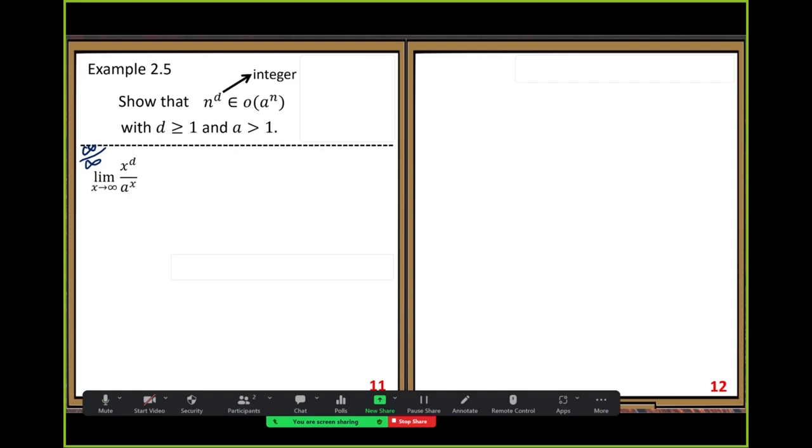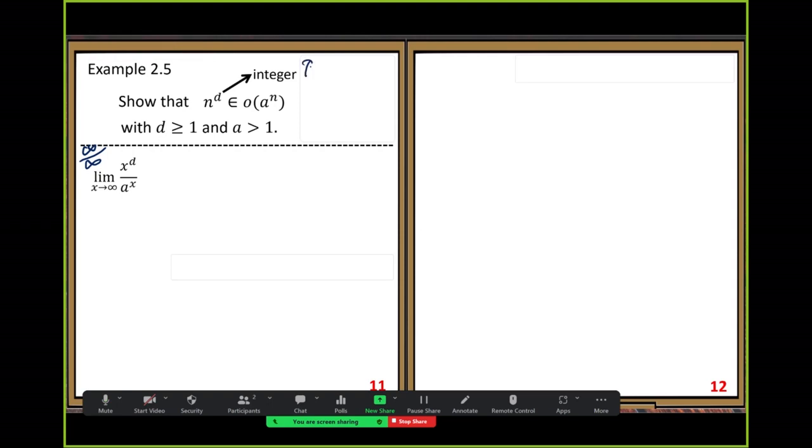Let's take L'Hopital's rule the first time, because for this question, we need to take it multiple times, not just once. The first time, do you remember for the power function, the derivative, there is a power rule. I wrote it in the notes before, and here we need to apply that power rule again.